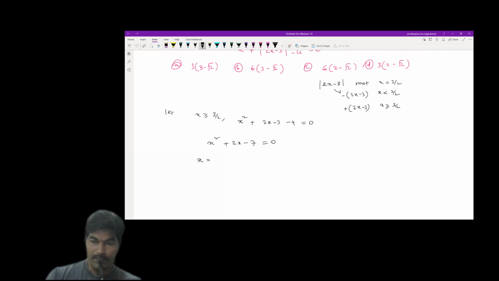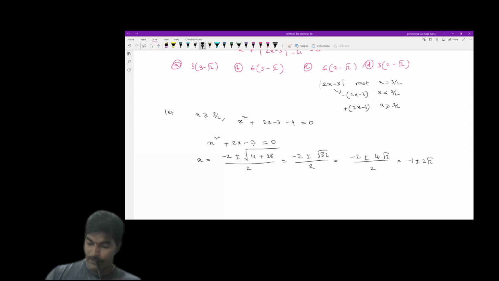We don't have any factors, so I am approaching with minus b plus or minus root of b square minus 4ac by 2a, 2 into 1. So minus 2 plus or minus, it is root 32 upon 2. So minus 2 plus or minus 16 root 2, 16 2s are 32. You can cancel 2: minus 1 plus or minus 2 root 2.